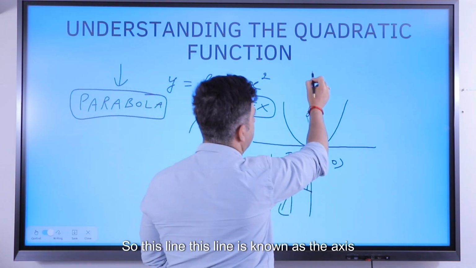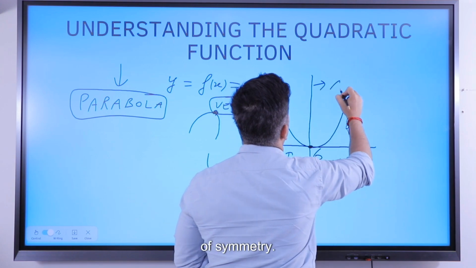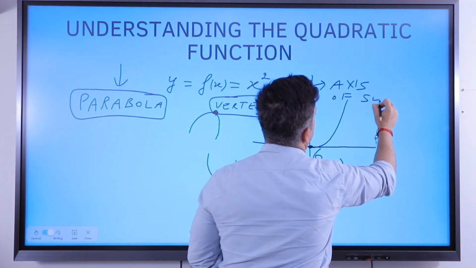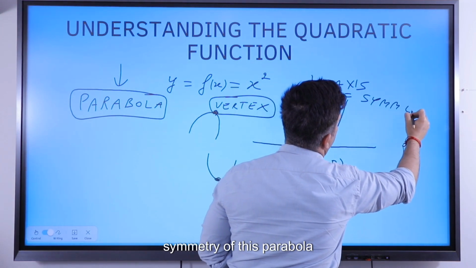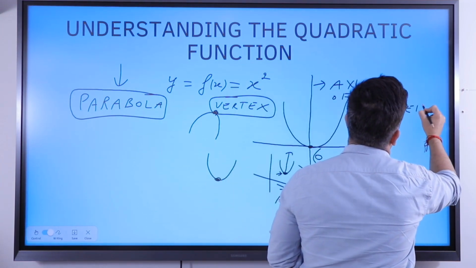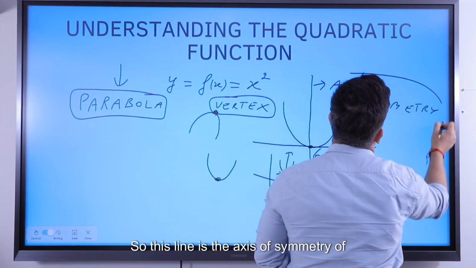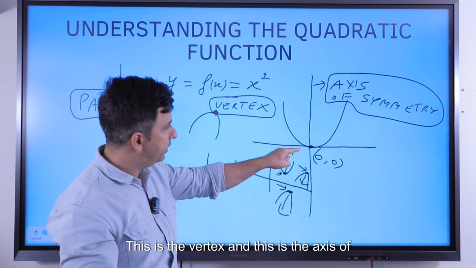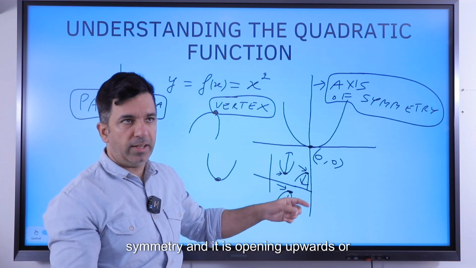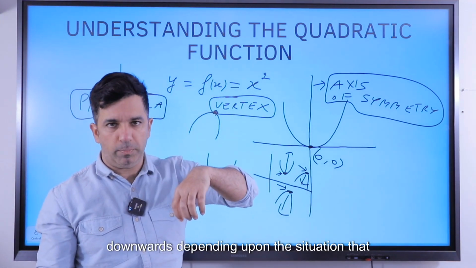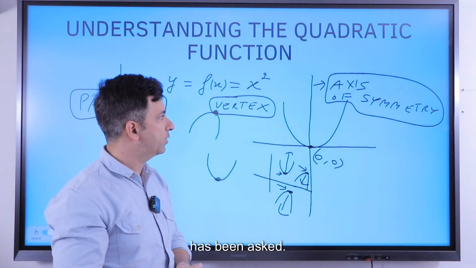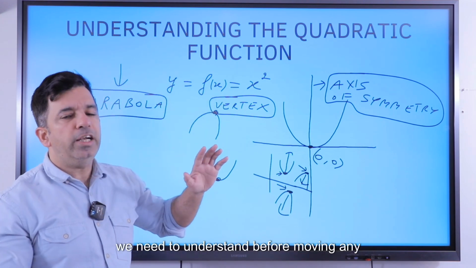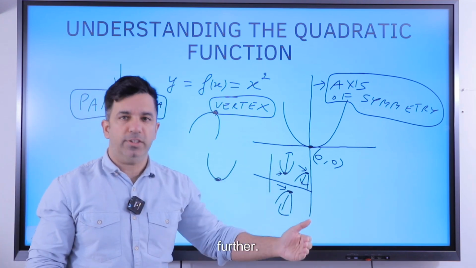This line is known as the axis of symmetry of this parabola. This is the vertex and this is the axis of symmetry, and it is opening upwards or downwards depending upon the situation that has been asked. This is the basic structure which we need to understand before moving any further.